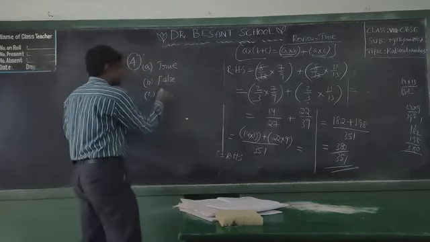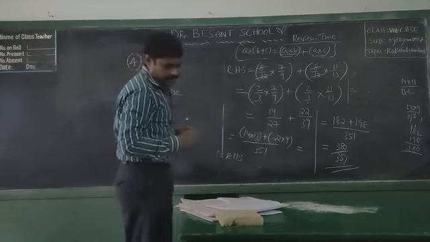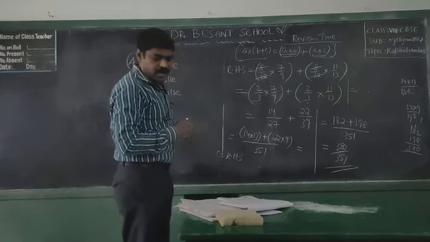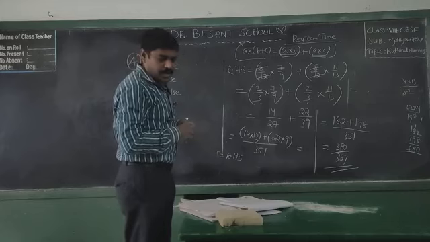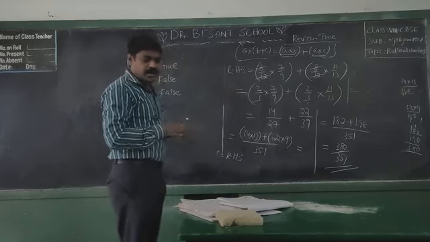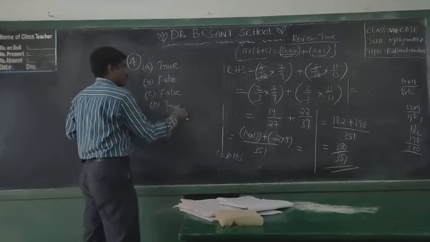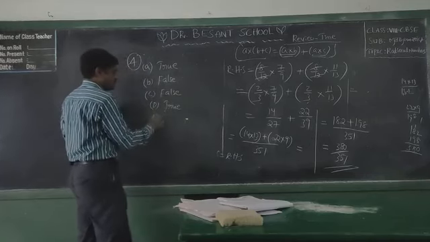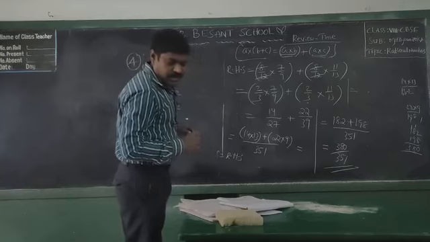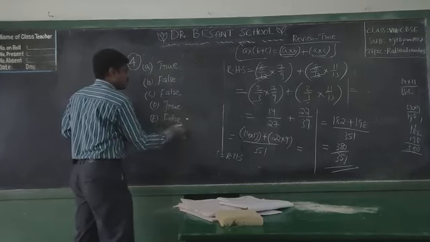So this is false. Next, D: the order of numbers in addition is not important in rational numbers. True. Next, E: rational numbers cannot be multiplied with 0. It is a false statement.